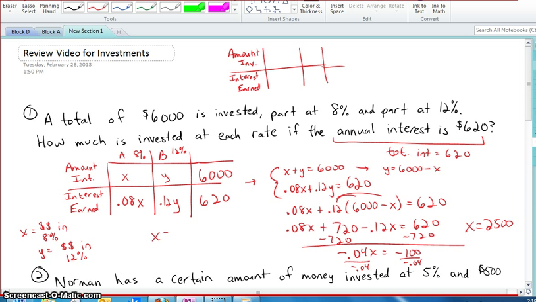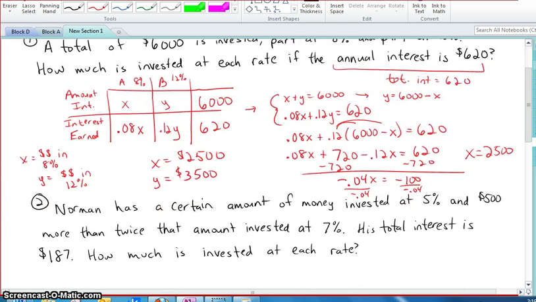So X is 2,500. That's how much money was in the 8% account. And Y, if the total amount is 6,000, Y is 6,000 minus 2,500. So it's 3,500.